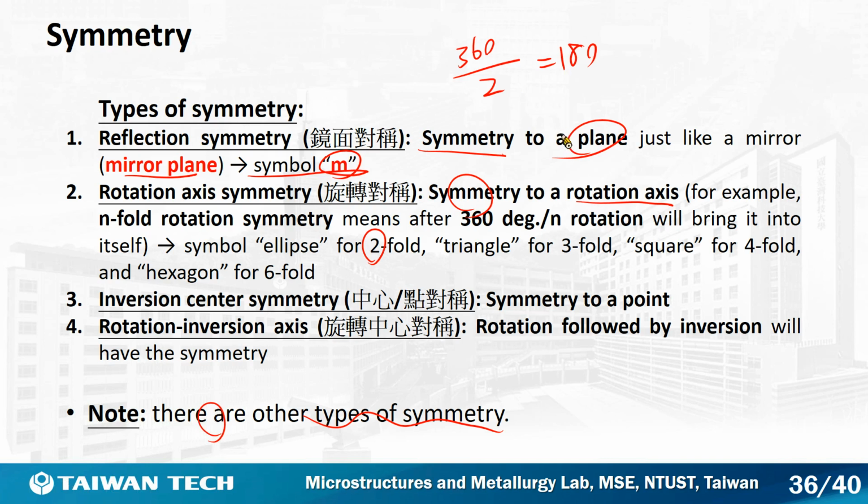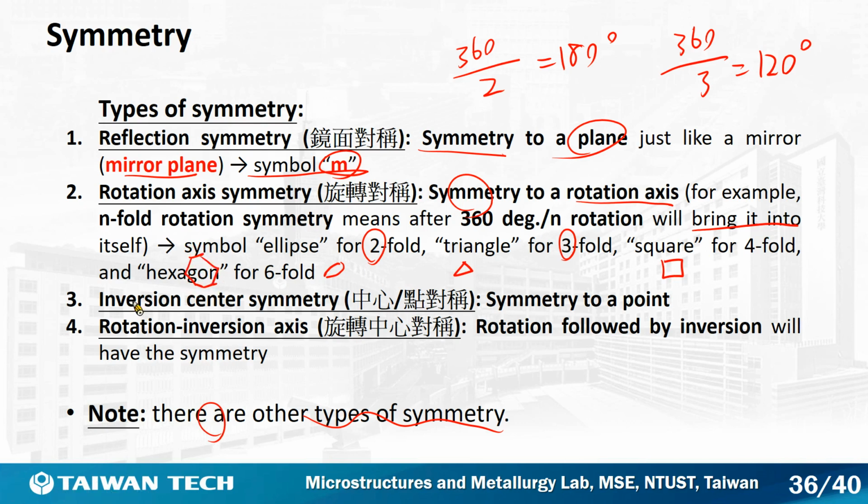So after 180 degrees, you will bring it back to itself. And for 3-fold, it means after 120 degrees, it will bring you back to itself. For 2-fold, we have a symbol, an ellipse. For 3-fold, a triangle. For 4-fold, a square. For 6-fold, a hexagon.